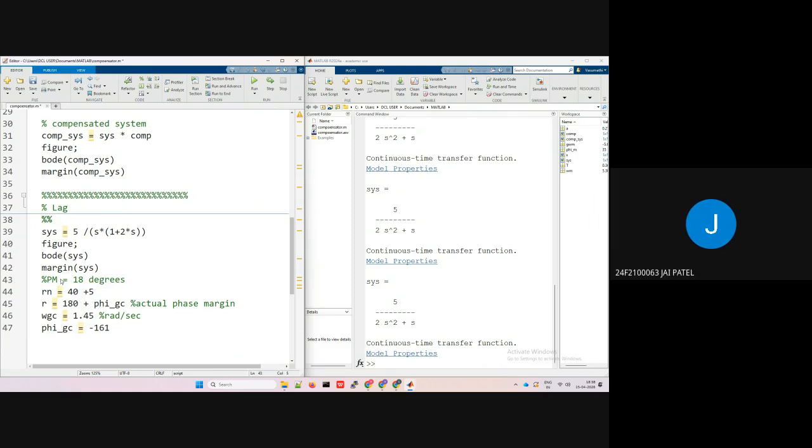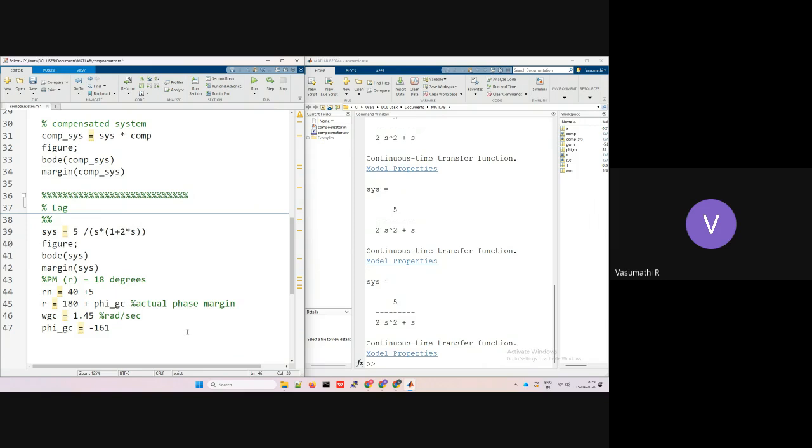Okay. I'm sorry for this inconvenience. So your gamma equals 180 plus phi GC. You can find it like this. Otherwise, if you subtract, it would be 18 minus 180, right? You will have about minus 162. The same thing you are getting from the Bode plot. Both ways you can do it. When you're calculating by hand, you can use this formula. When you're using MATLAB, you can find it like this.